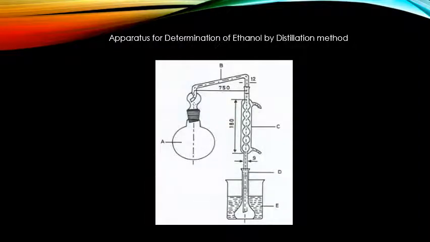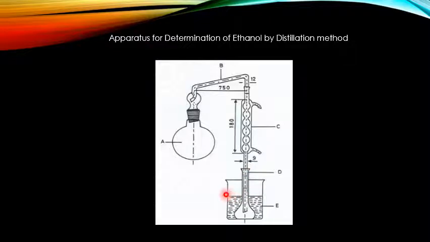The apparatus consists of round bottom flask A fitted with a distilling head B with a steam trap and attached to a vertical condenser C. A tube is fitted to the lower part of the condenser and carries the distillate to the lower part of a 100 ml or 250 ml volumetric flask D.